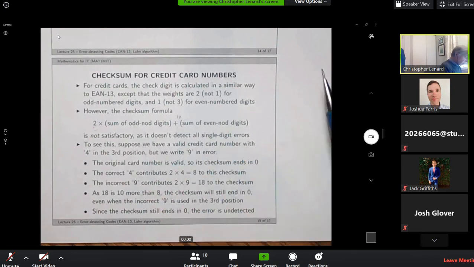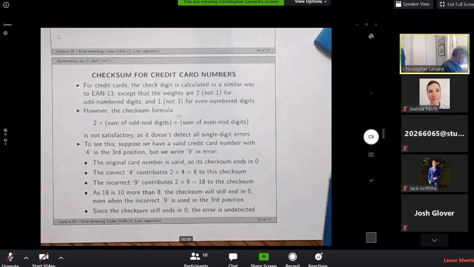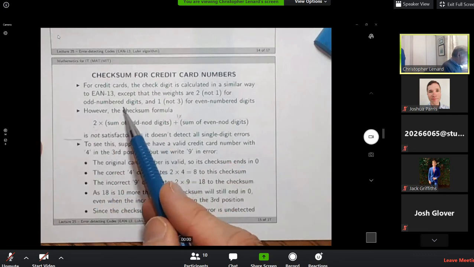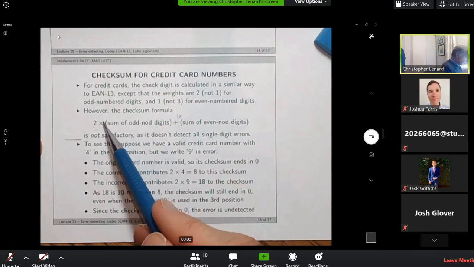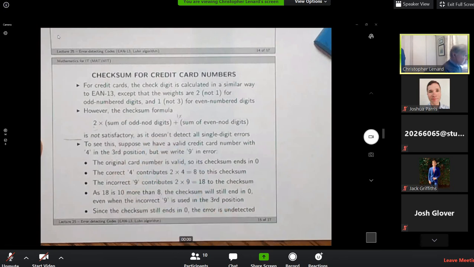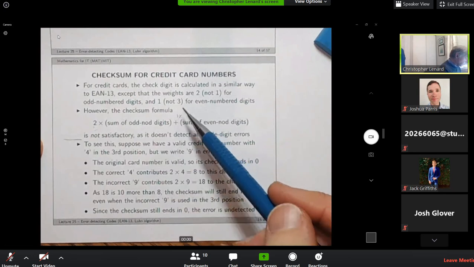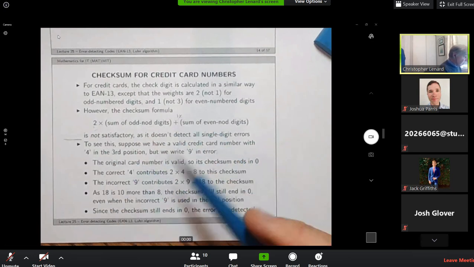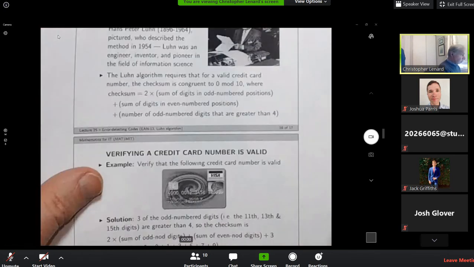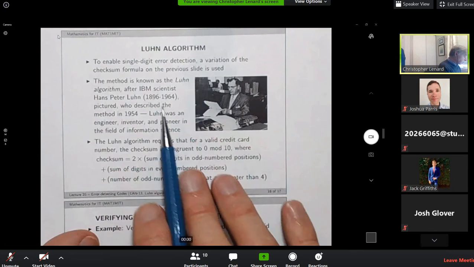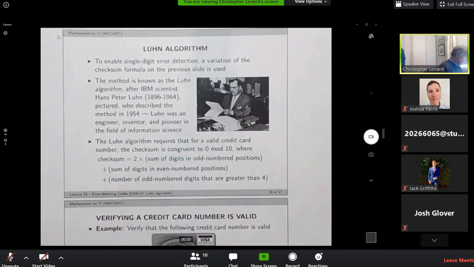I went a bit astray earlier. So we'll just finish here with a statement that this particular checksum formula doesn't detect all the errors, or single-digit errors, and we'll work through an example of why and a way of improving that.